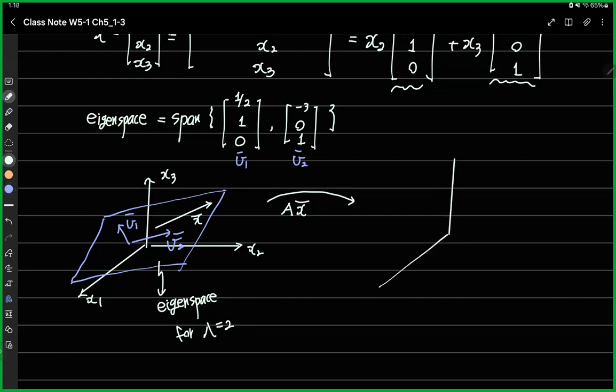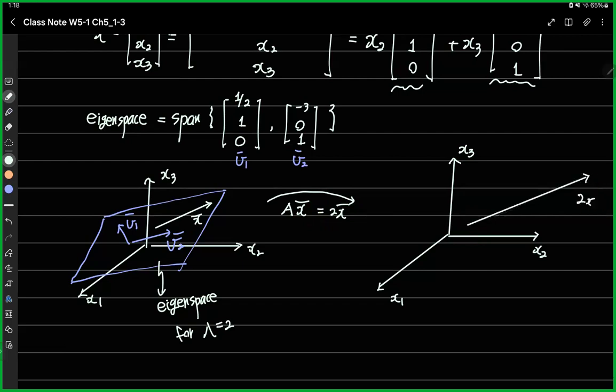Anyone can tell what's going to happen? Well, since X bar is on the eigenspace, we know that AX bar is equal to 2 times X bar. So X bar will be elongated by a factor of 2, like this.